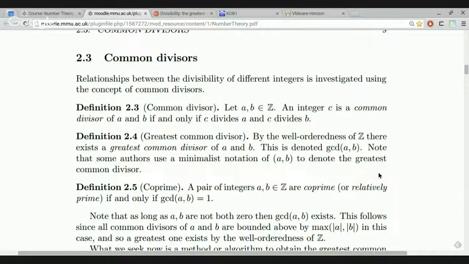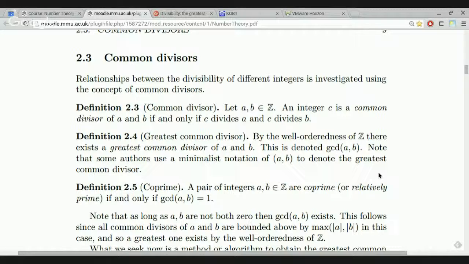So given any pair of integers, do a pair of integers always have a common divisor? At least one? Yeah, 2. So if there's two numbers, 2 doesn't have to be a common divisor because one of the numbers could be odd, couldn't it? 3.